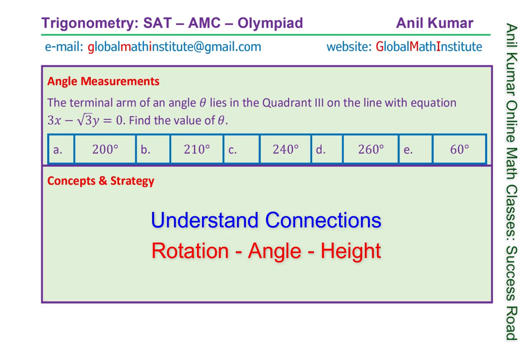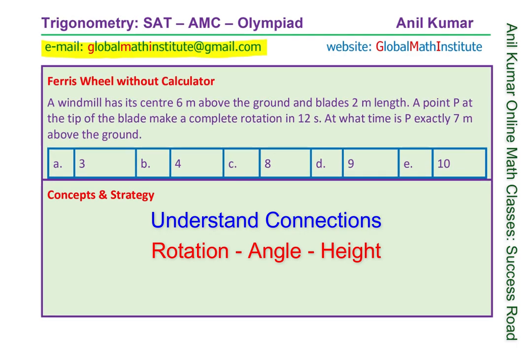In the last 2 examples, we were trying to find out when a person will reach a particular height. If you closely connect them, it is basically finding theta in the first 2 questions also. Once you know the angle of rotation, you know the total time taken for one full circle, you should be in a position to get your answer. Perfect.